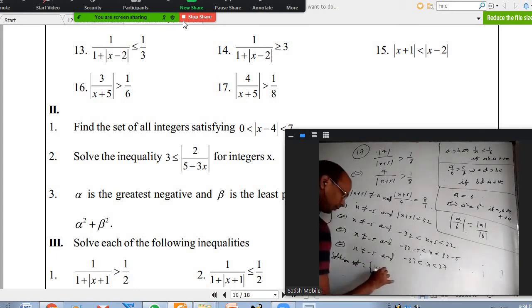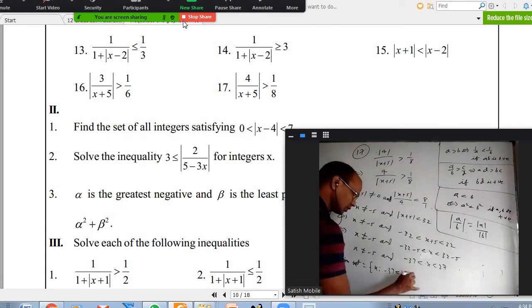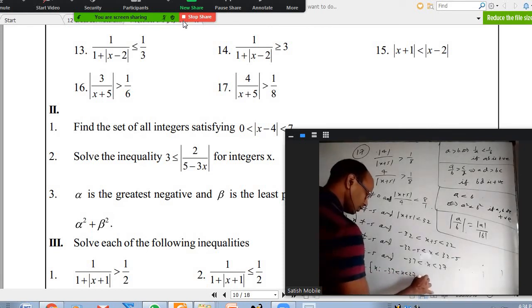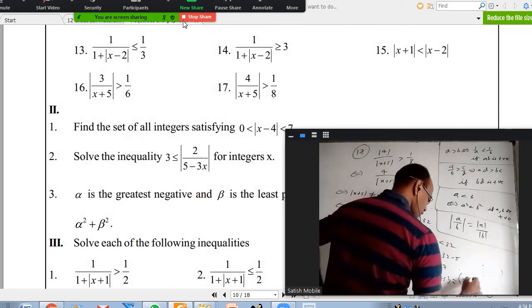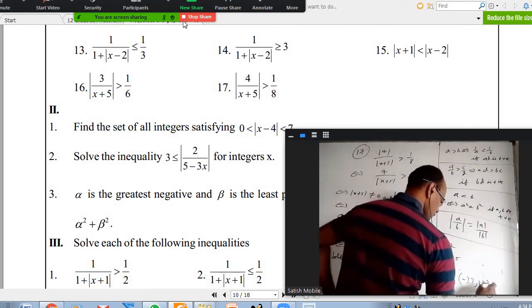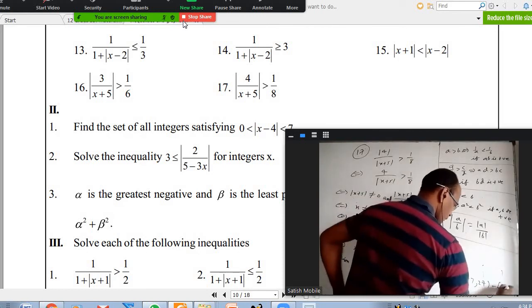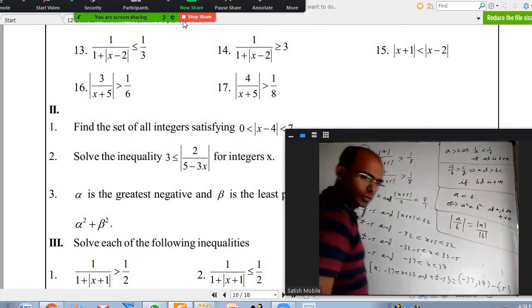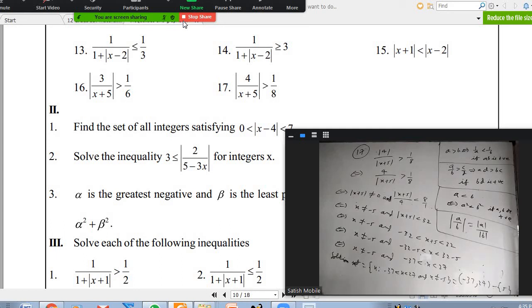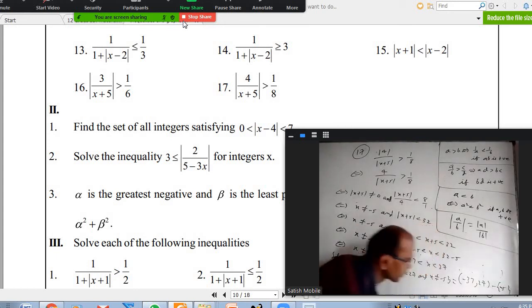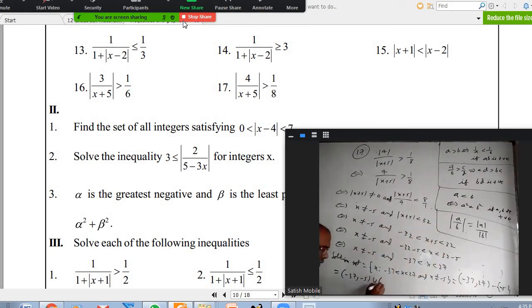X such that minus 37 less than x less than 27 and x not equal to minus 5. You can write it as the open interval minus 37 to 27 except minus 5. Or the same thing, you can also write minus 37 to minus 5 union minus 5 to 27.